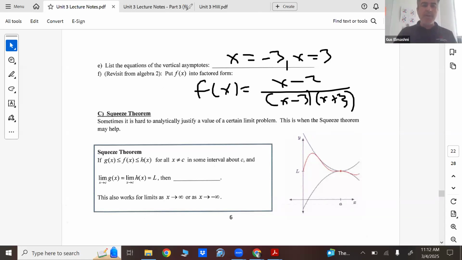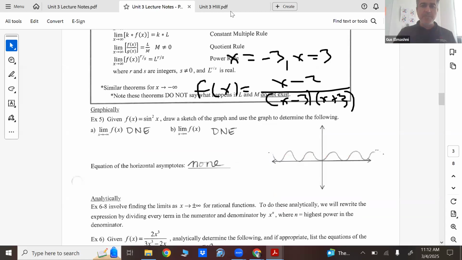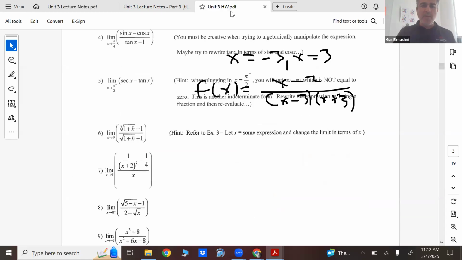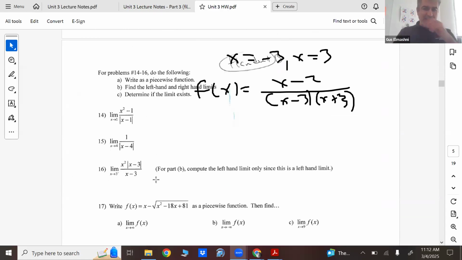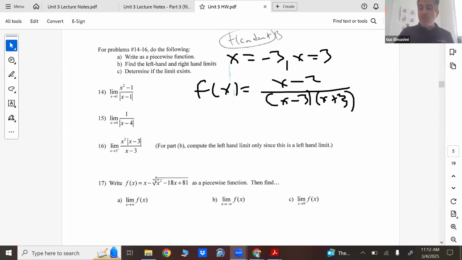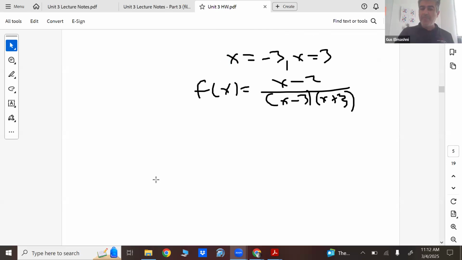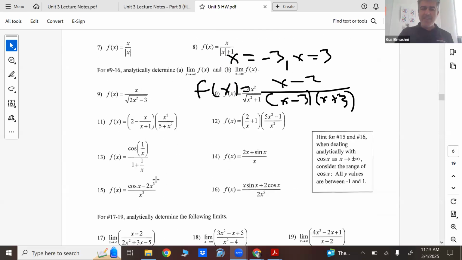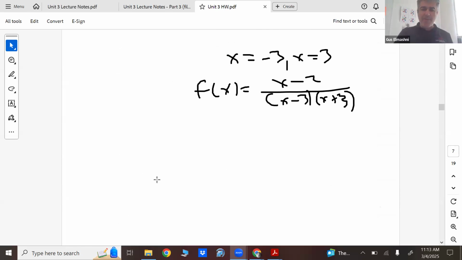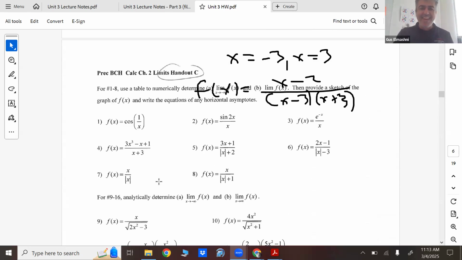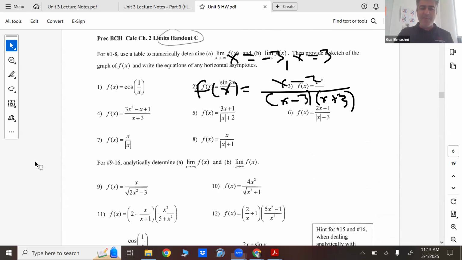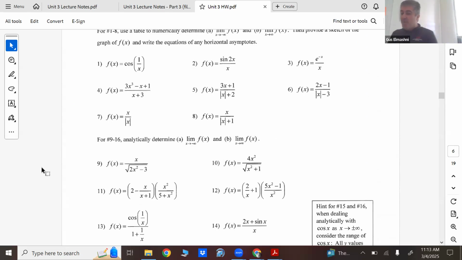Really quickly, homework is going to look like this. You get it, or is it infinitely long? Well, okay, why don't you guys negotiate this with me? I do want you doing 14, 15, 16, 17, because we didn't do those yet. And then for handout C, I want you doing about 35 problems. I was joking. What should I say, odds instead of all of them?